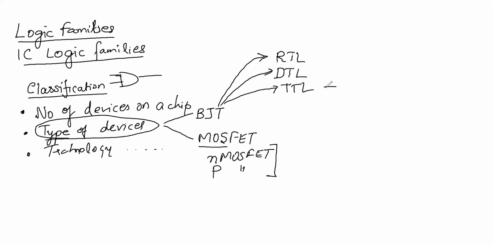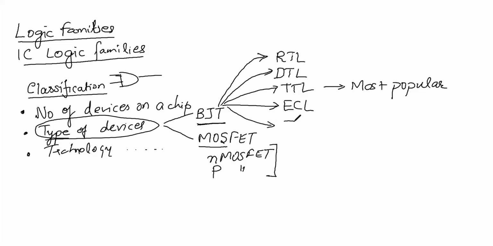This is by and large the most popular and widely used logic family in the BJT category. Then you also have ECL. You also have I square L, which means IIL. These are various technologies which are commonly available, but by and large, TTL is the most popular.